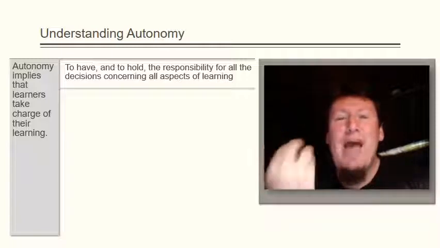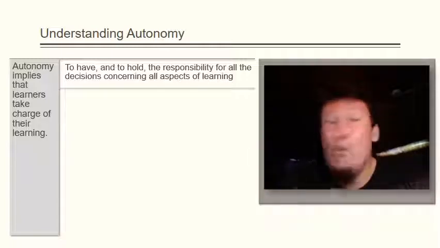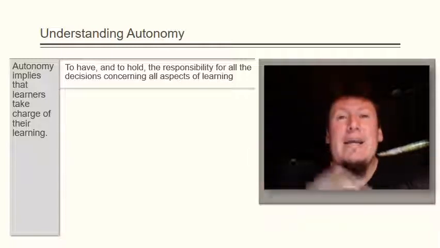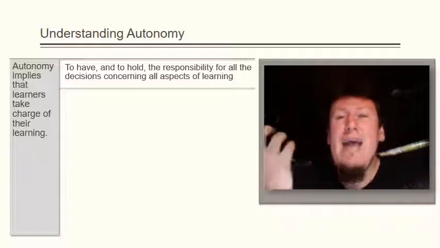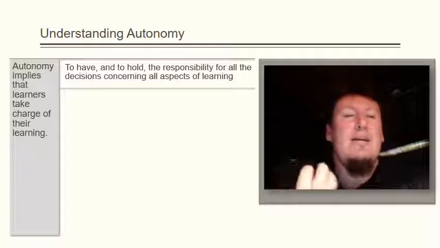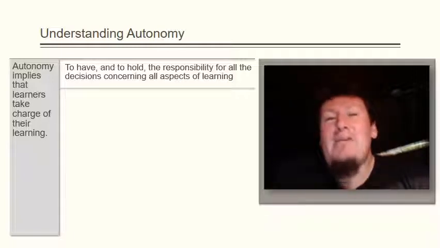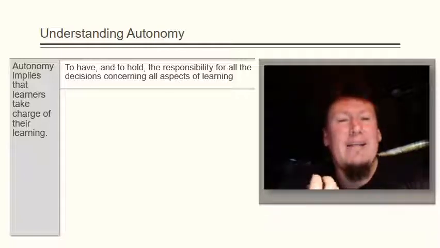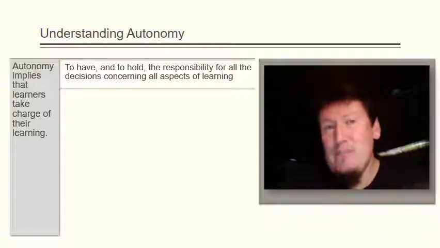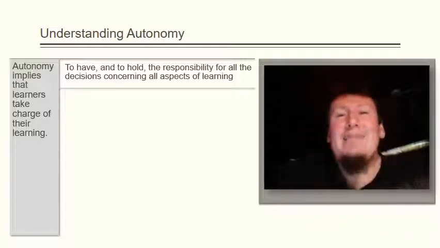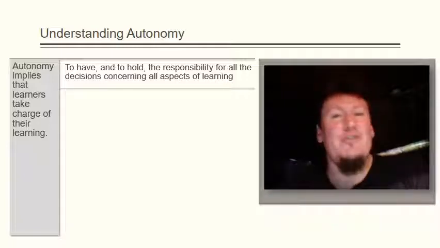For it to happen in reality or in an online world, both parties have to work at it. So if we talk about the student being responsible for the decisions, we cannot detach the sense of the teacher as well.